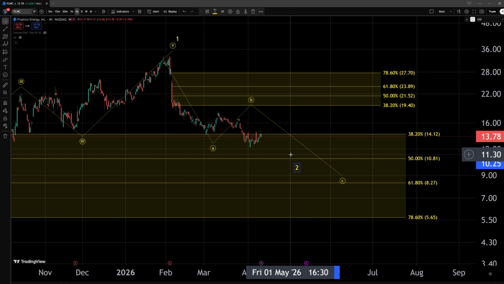So maybe for some people looking for some early positions, some core positions, even as we complete a wave 2 that could potentially be just the wave A in this area, might be something to consider.